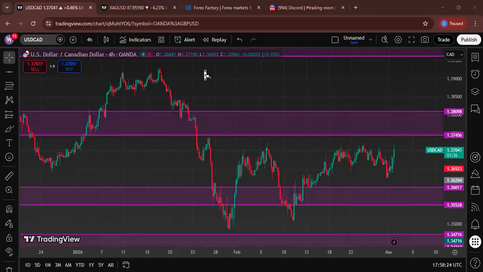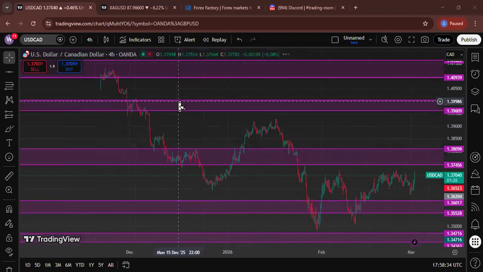So this is what you have. For USDCAD, we redo these zones.